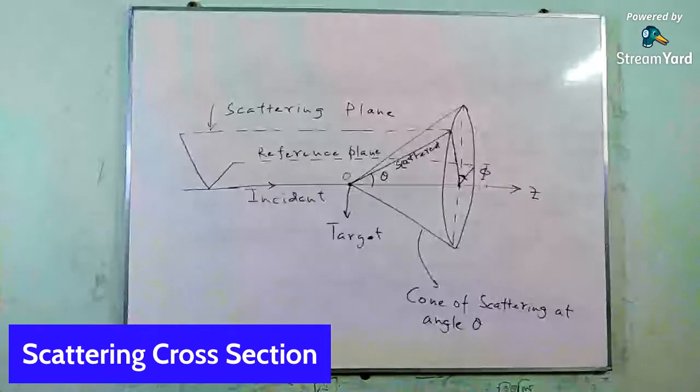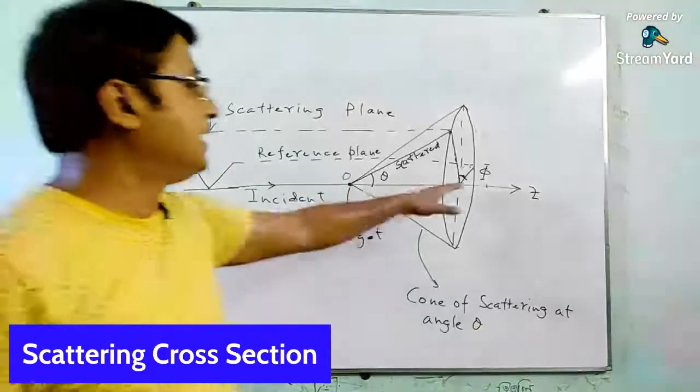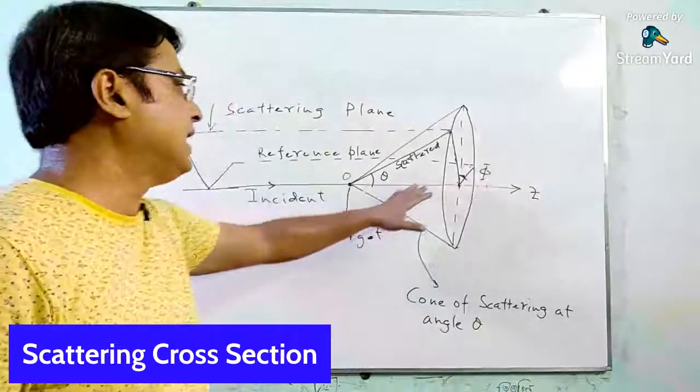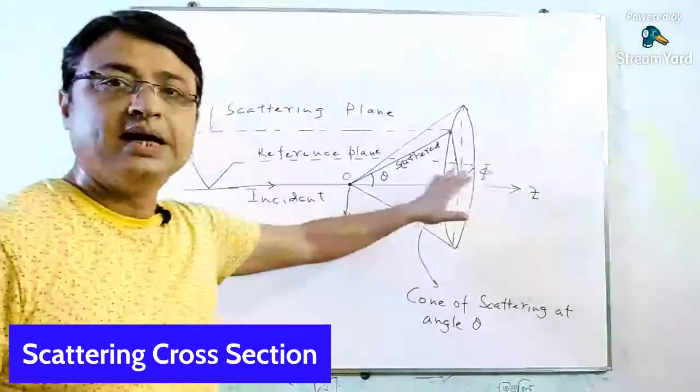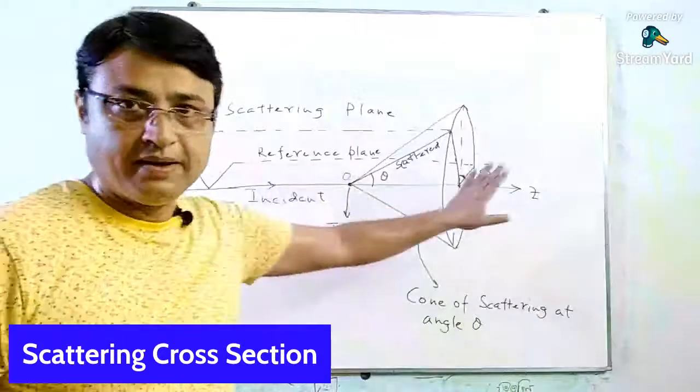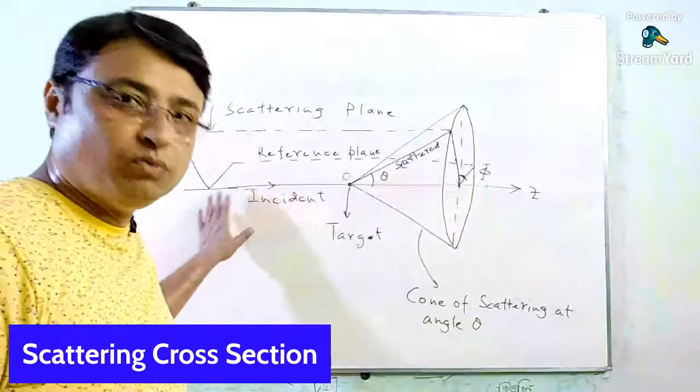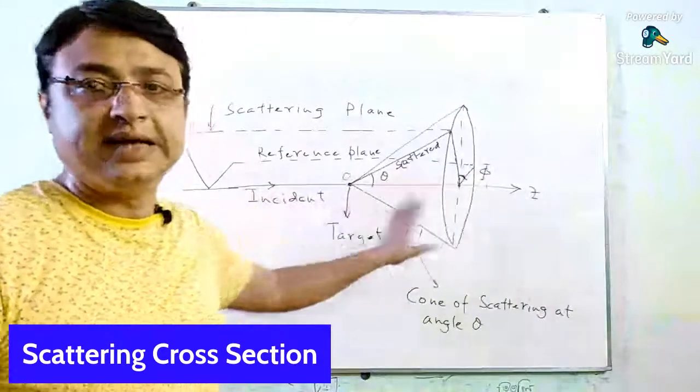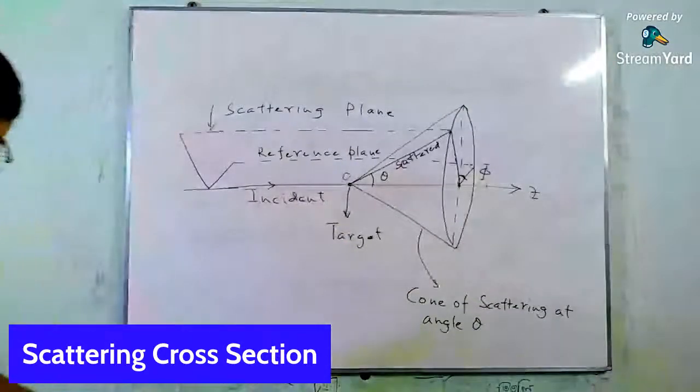Now the azimuthal angle phi specifies the orientation of this plane with respect to some reference plane containing the z-axis. So this is the azimuthal angle phi, and it represents a reference plane with respect to the incident wave direction.